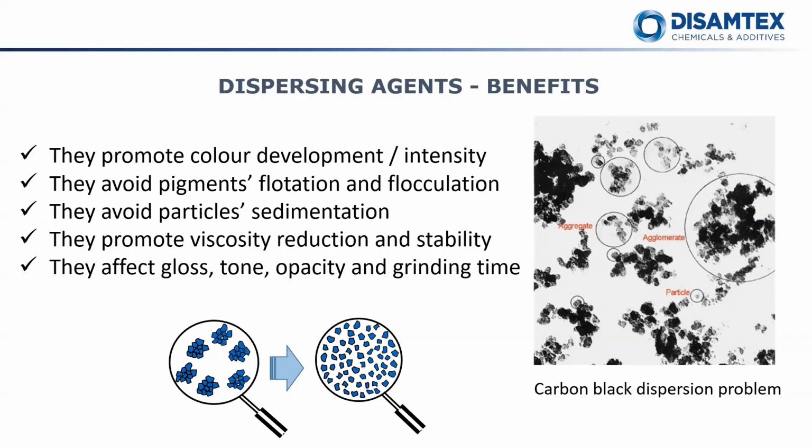And why? Because they influence the final properties. So the more effective the dispersion, the more intense the color is. If the particles remain suspended and well dispersed in the media, this will also prevent pigment from settling, the sedimentation process, or going up, the flotation process.